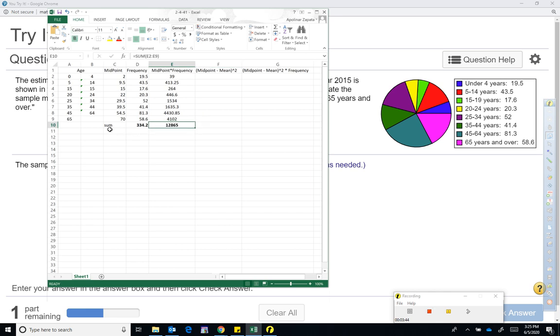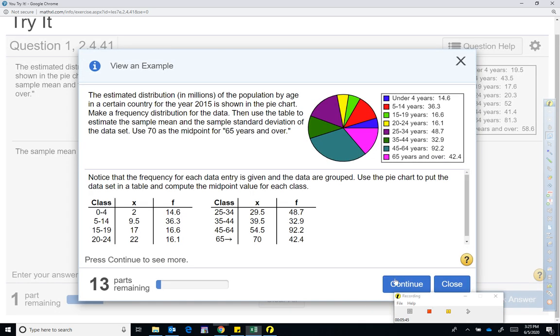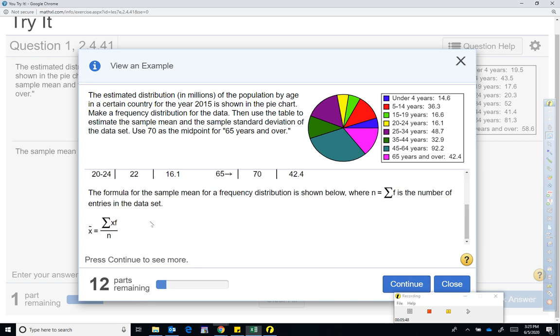And now the mean is going to be equal to, according to the formula that you can see over here, let me show you when you see the example. The formula to find the mean is just the sum, the result when you multiply the x value, which is the midpoint, by the frequency, divided by n.